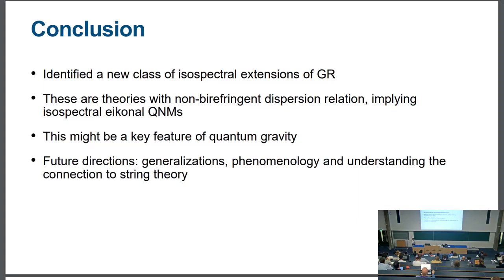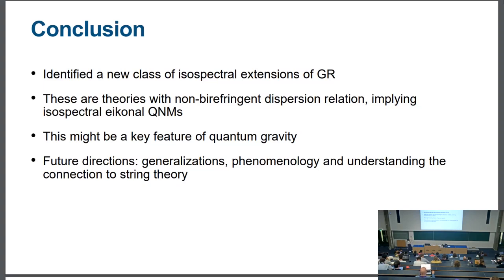Okay, so the last thing I'll say is to discuss the future directions, and we're currently working on these things. The first thing you can ask is, are there any generalizations? Is this the only isospectral EFT? You would have to, for example, go to quintic order and so on, or write an arbitrary Lagrangian made out of certain cubic and quartic invariants, and then study the independence of the polarization tensor coming from this theory.